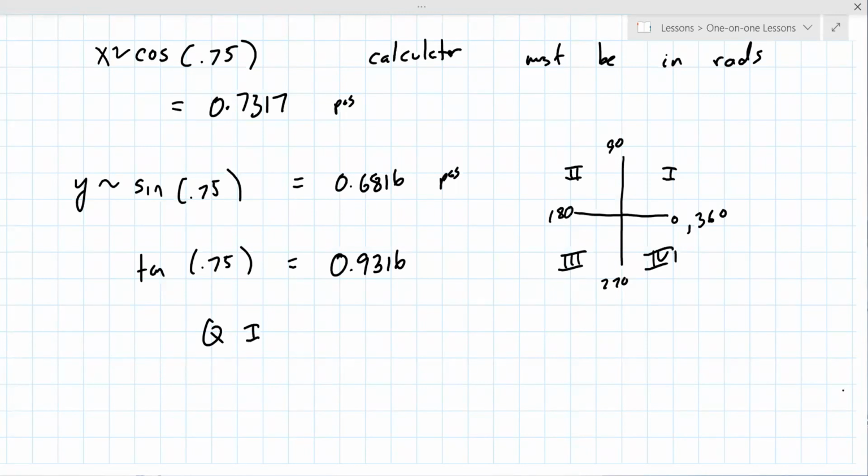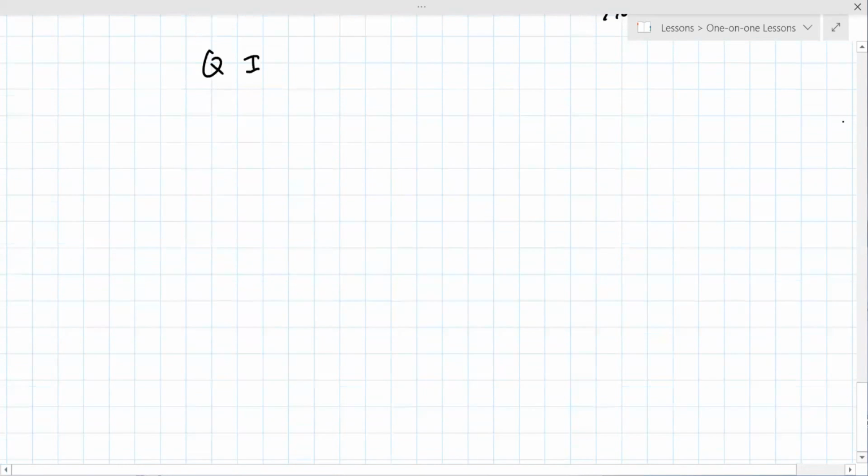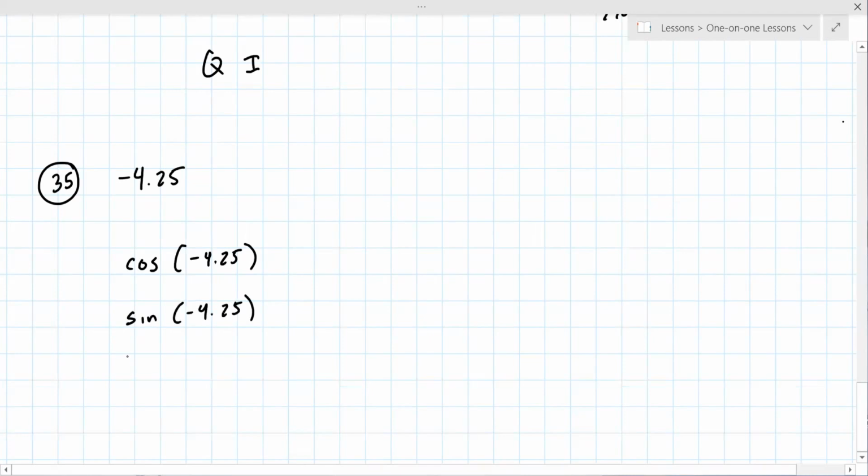All right. Let's go on to number 35. Now we've got negative 4.25. Do we just put that in our calculator? Same thing, you're going to go cosine of minus 4.25, sine of minus 4.25, and then tangent of minus 4.25.